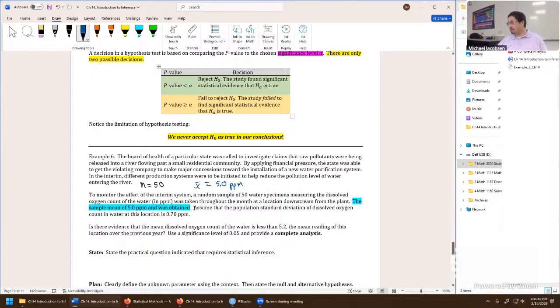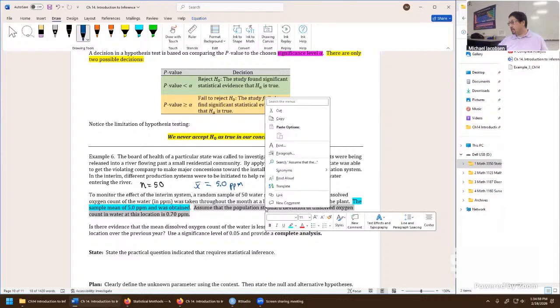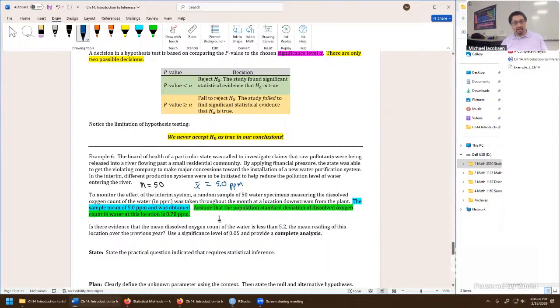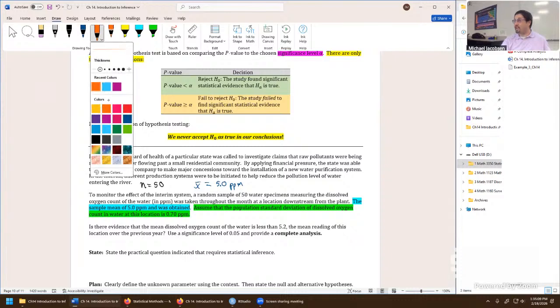We're also going to make another assumption. Assume the population standard deviation of the dissolved oxygen count in the water is 0.70 parts per million. Now, I'm not sure where they would have gotten this. They're probably going to have to use some biologists, some people who are familiar with this kind of stuff, some geosciences, to tell us that's a reasonable value.